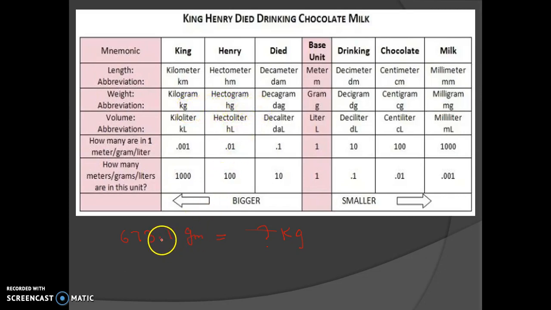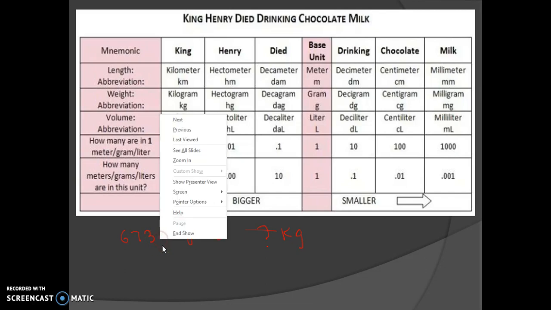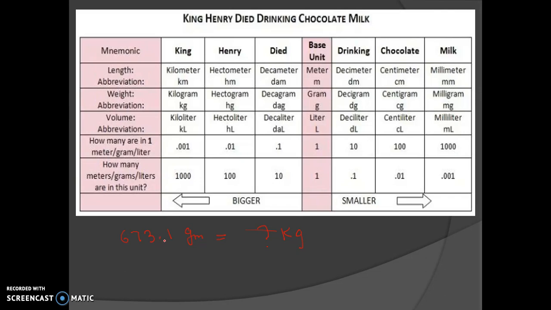So you start from the decimal where it is, and in grams to kilograms, you have to move the decimal 1, 2, 3 places. So how much is it in kilograms?